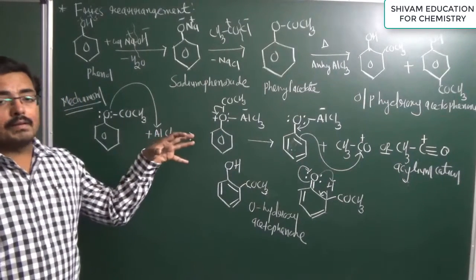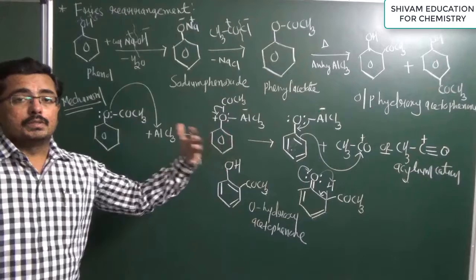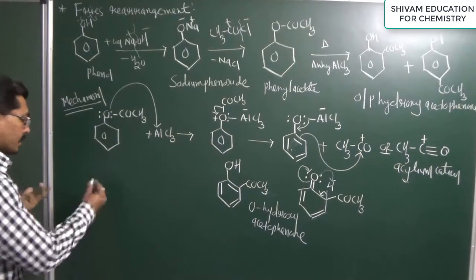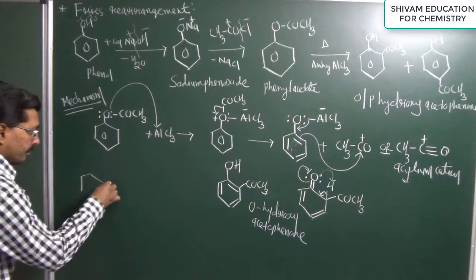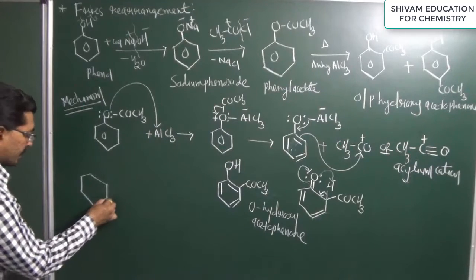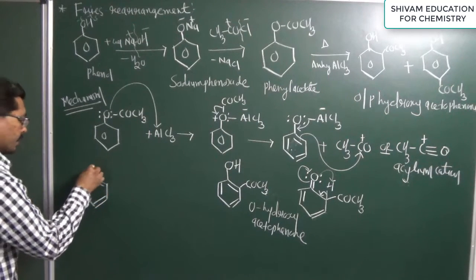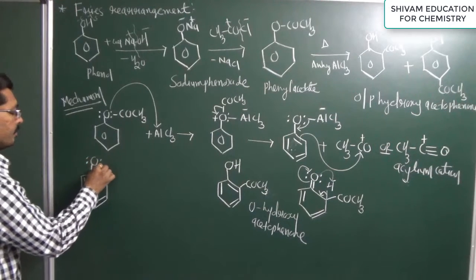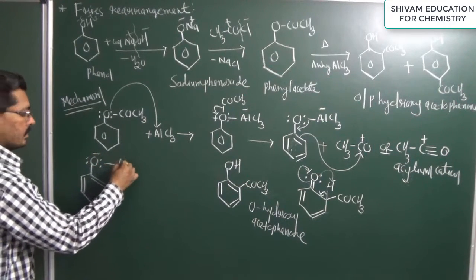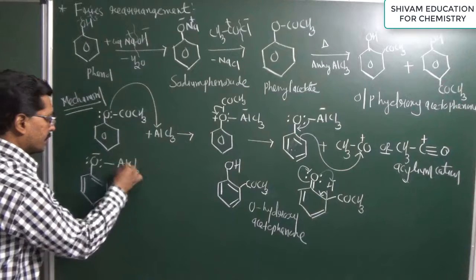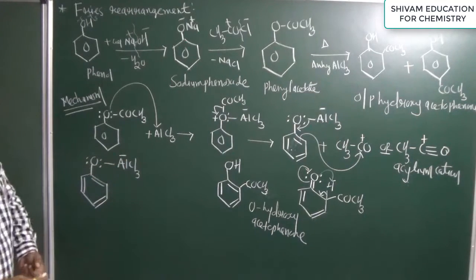Now suppose the attack occurs at the para position, then we get the para structure. Once again I will write this structure as it is: double bond, here a double bond, and here oxygen having a non-bonding electron pair, with a negative charge on aluminium, AlCl3.